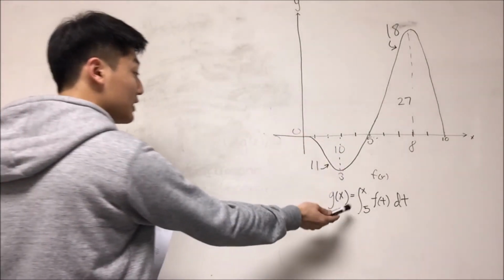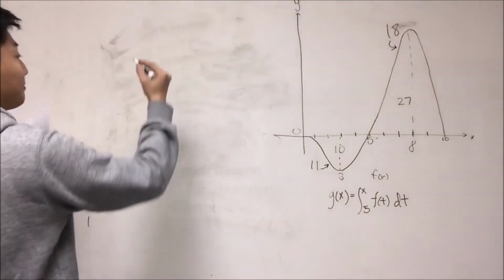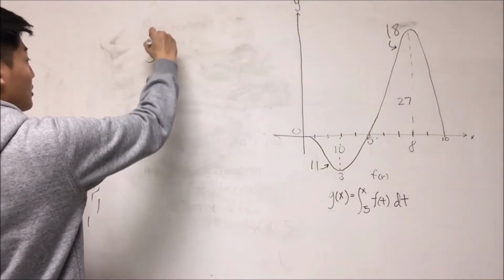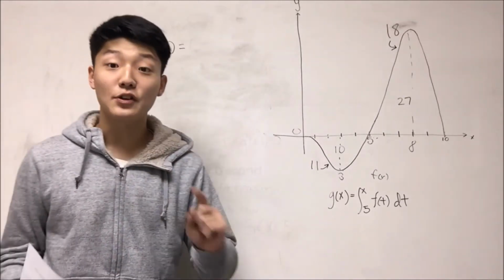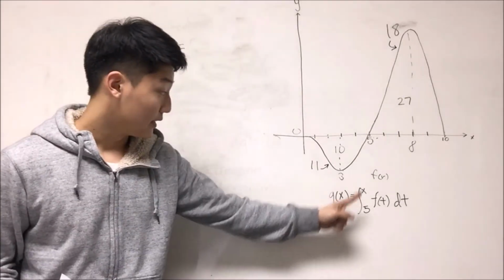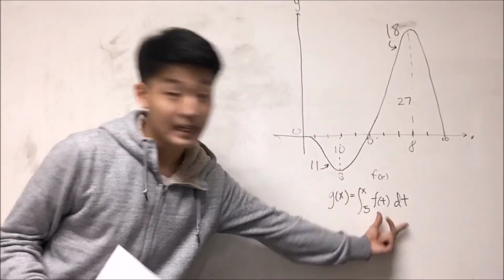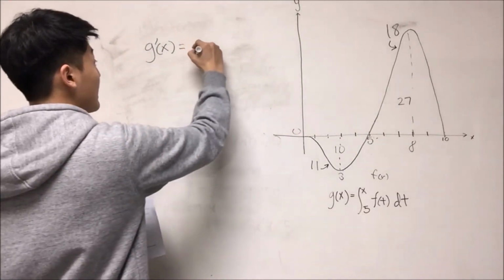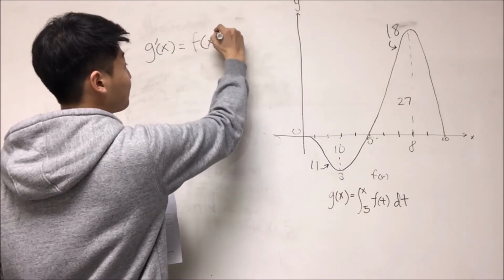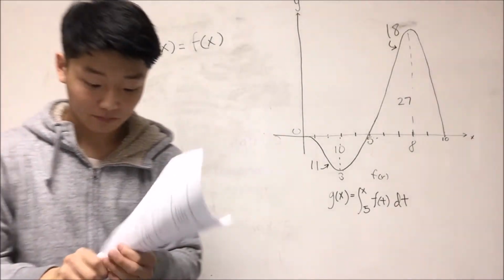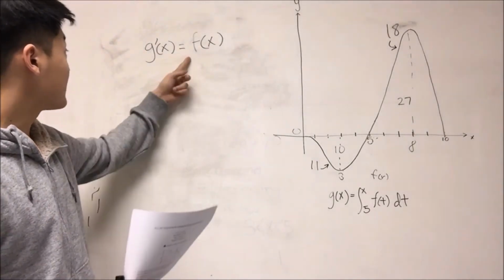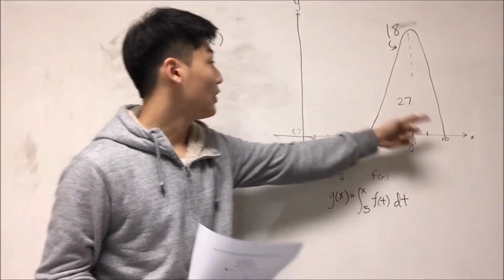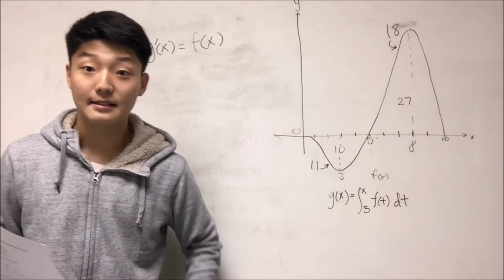If we differentiate g of x, it will become g prime of x equal to, because we're differentiating the integral, this cancels out and becomes the inside function, which is f of x. And now everything is easy. This means the given function is also g prime of x.